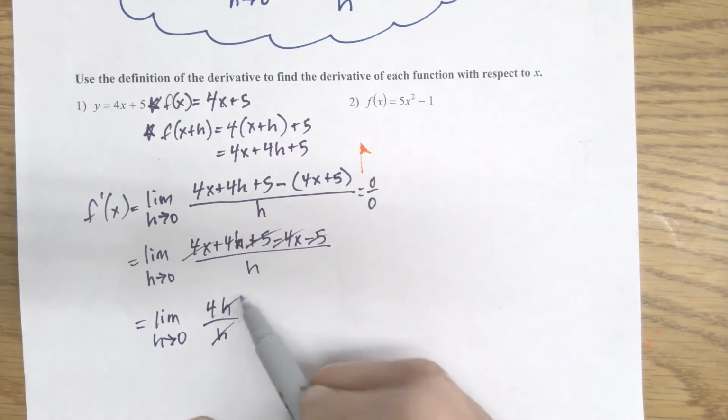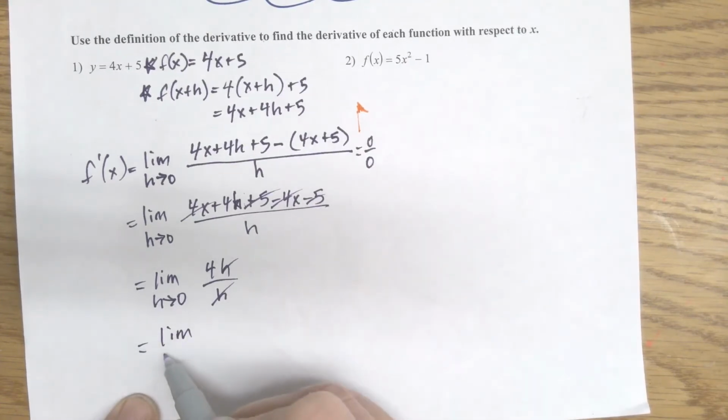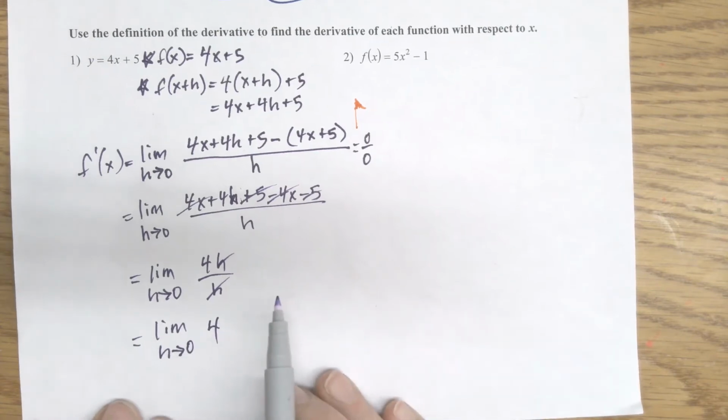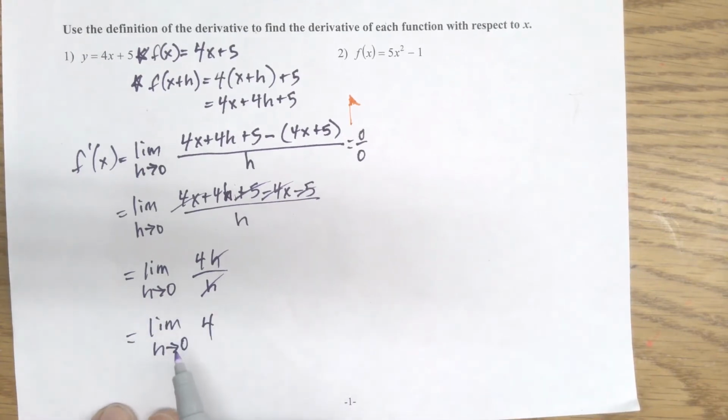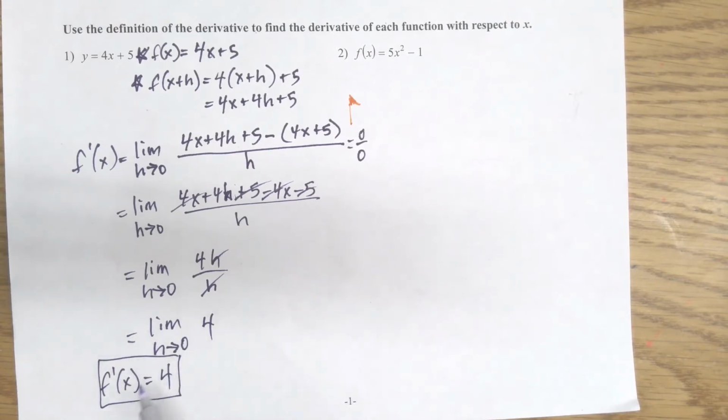Those h's also cancel out, so now I'm down to the limit as h approaches 0 of 4. And if I'm taking a limit of a constant, then the limit is that constant. So my first derivative, or the slope of my tangent line to this function, is 4.